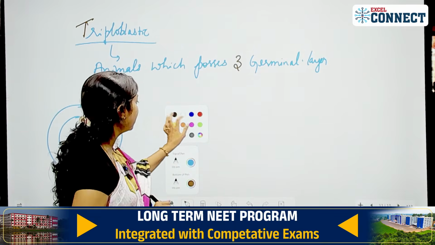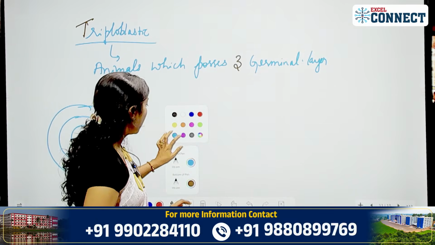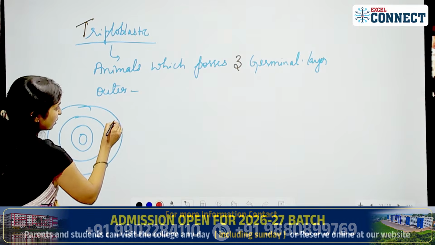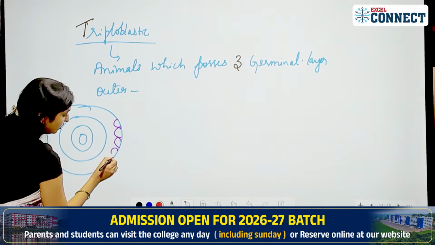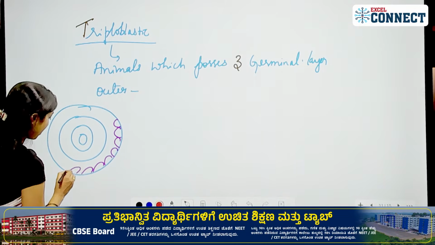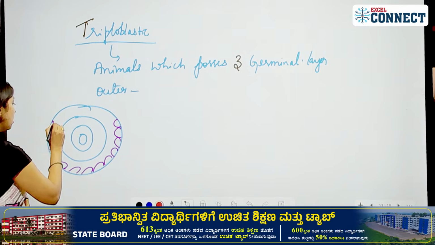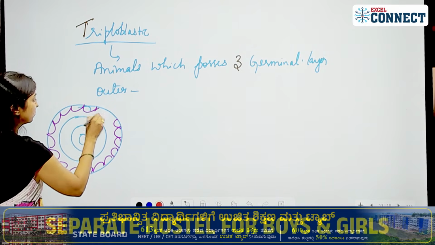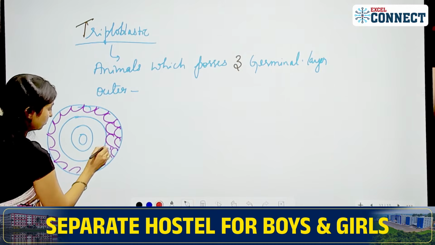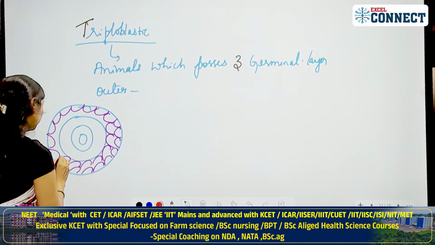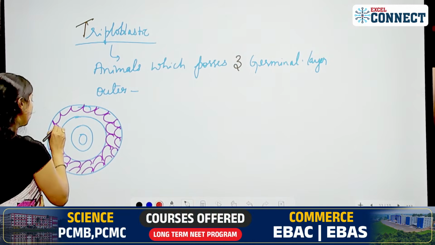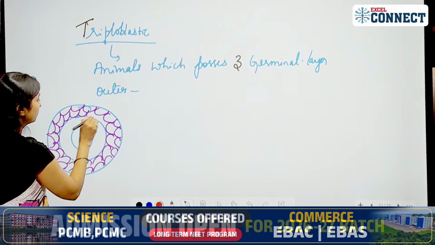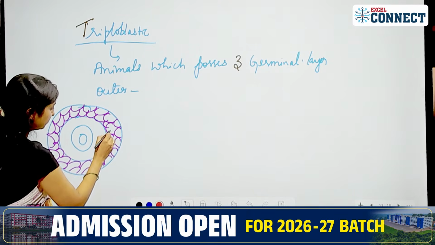Yes, 3 germinal layers, I agree. Now, which are those 3 germinal layers? This is the outer one. You have to draw it neatly. This is the outer layer.